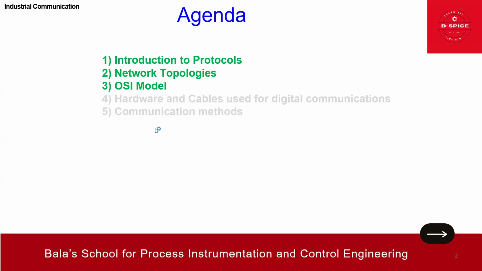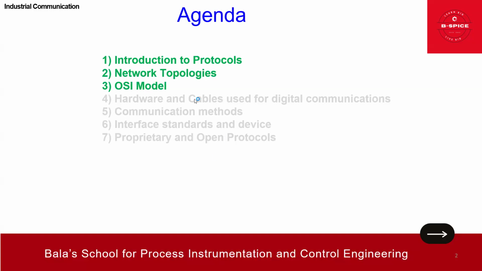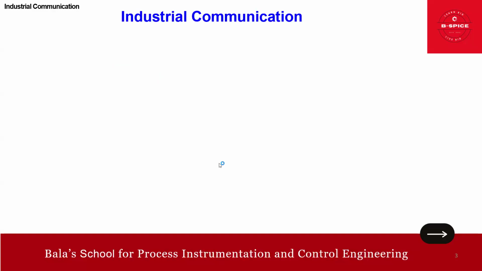Then we focus on communication methods, and we also discuss interface standards and devices. Finally, we wind up with proprietary and open protocols. So the first three we focus on in this session, and the fourth in the next session, and the other in the subsequent session.